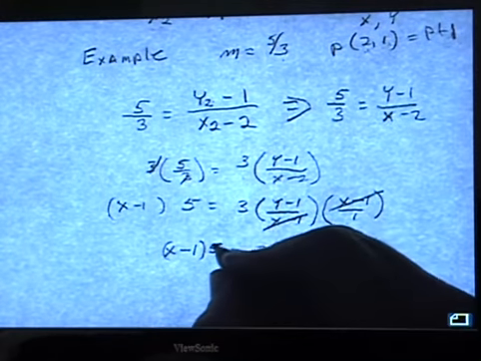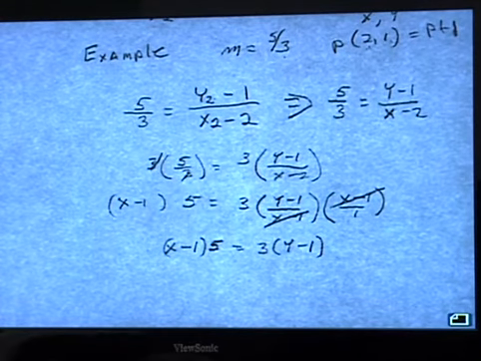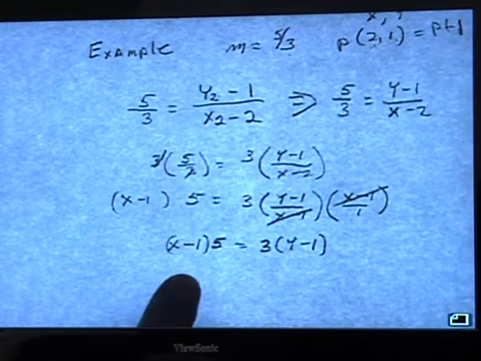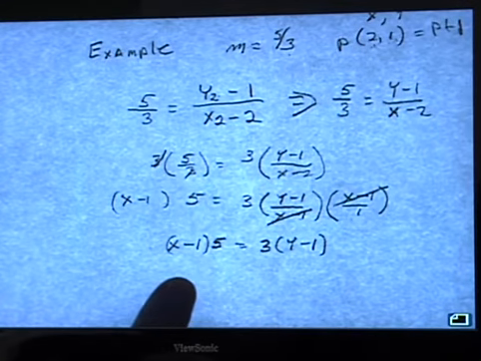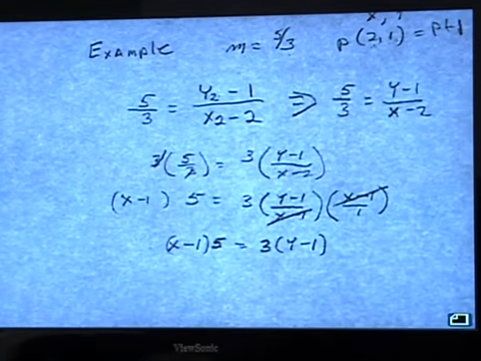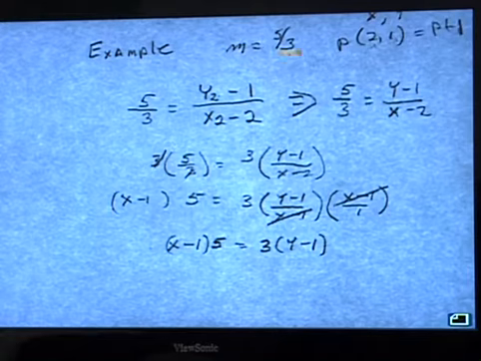We learned how to do this in elementary algebra. So now we use the distributive law, and we get rid of these parentheses by multiplying everything in the parentheses by everything next to it.